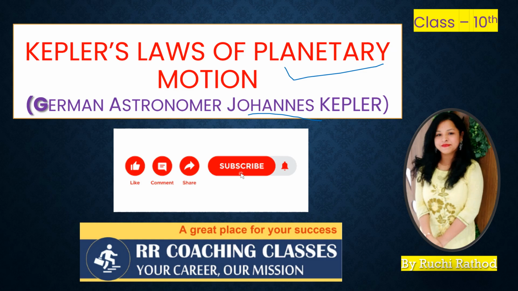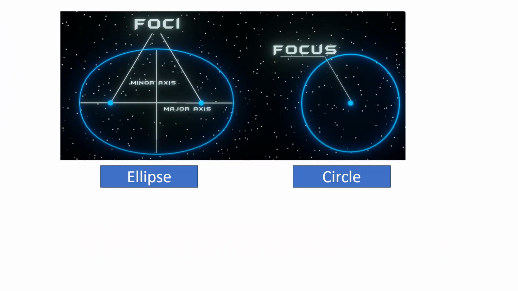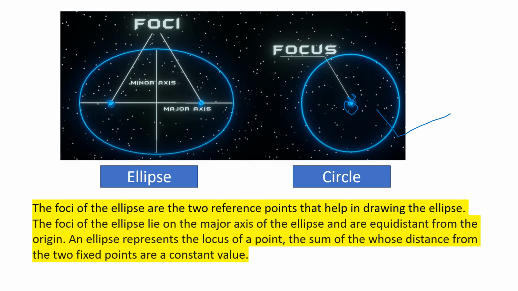So let's start. Now students, before going with further explanation of Kepler's laws, first we need to understand a few things. Like in a circle, we have a center and this center is called the focus. Similarly, in the ellipse, we have two foci. The foci of the ellipse are the two reference points that help in drawing the ellipse.